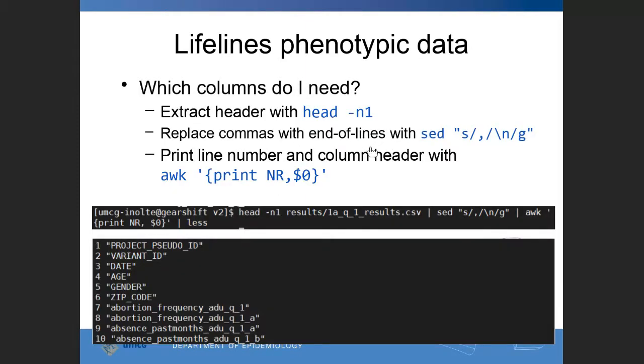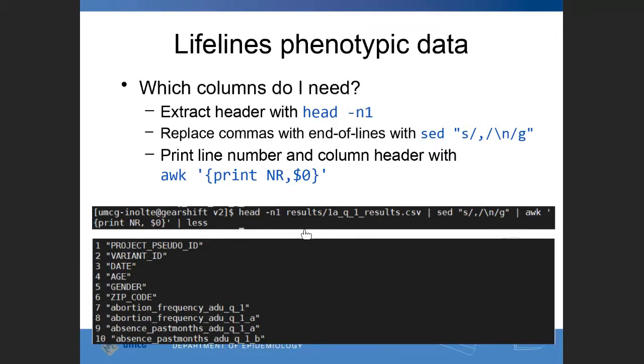So how can we decide which are the columns that I need? Well, again, you can extract the header, so you get only the variable names. Replace the commas with an end of line with this sed command, and then you can print the line numbers and the column header with this awk command.